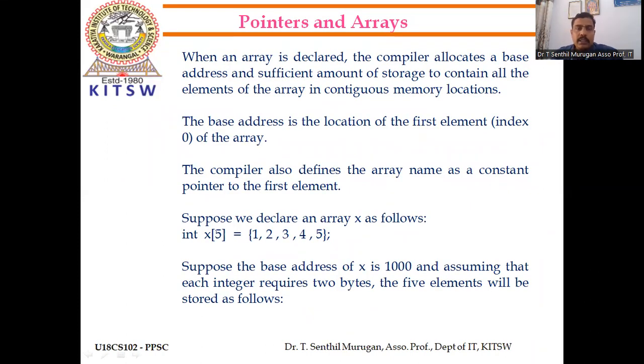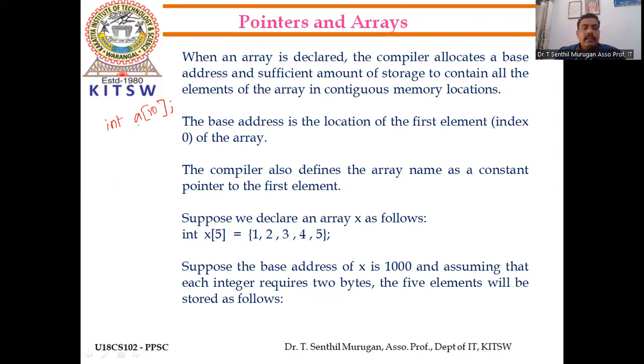We already know array declaration. Normally we write the data type and the array name, and within brackets the size of the array. When we declare it like this, the compiler will allocate the memory for this array.